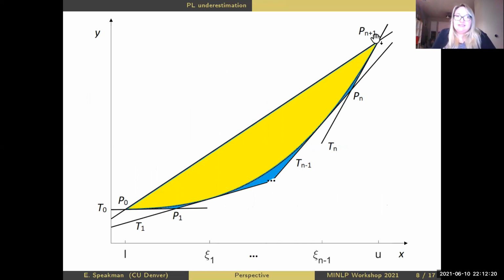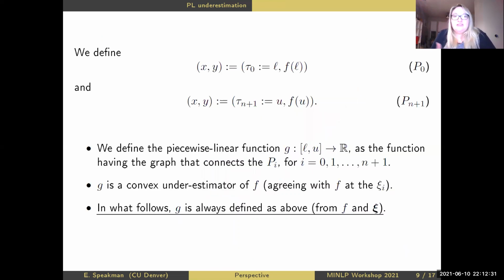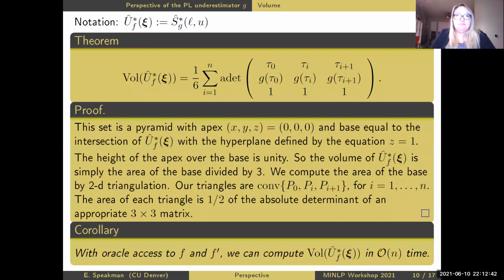And it's pretty clear to see that this is a convex under-estimator of f. And in fact, at these linearization points, it's equal to f. And in the rest of the talk, when I talk about G, my function G is always defined from my original function f and by this vector of linearization points.